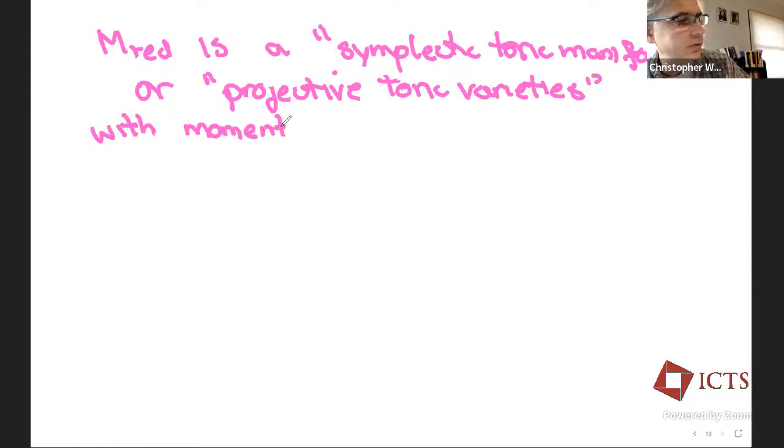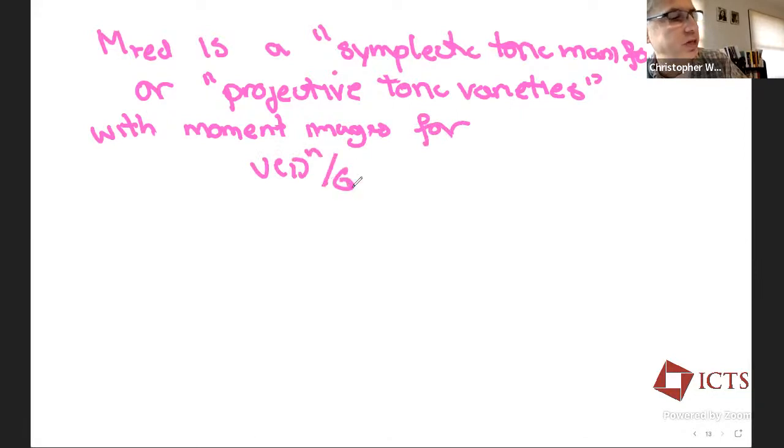And the action of U(1)^n descends to an action of U(1)^n.